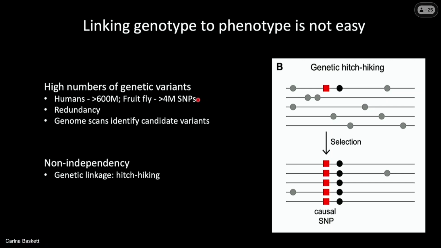This is when you have a certain variant that is under selection, the red one over here, and then there's some other variant that is doing who knows what. If this red one is selected for, it will increase in frequency in the population. And the other one is linked and it will just be dragged along.